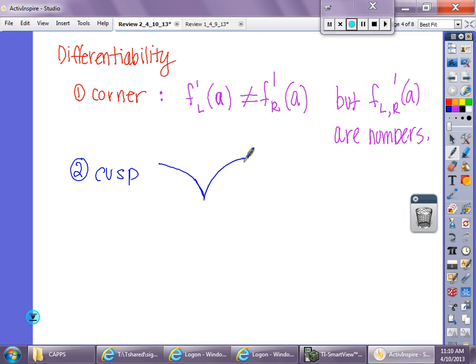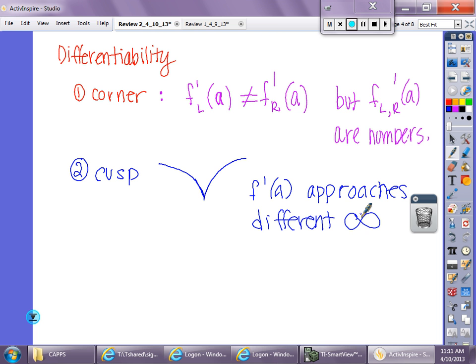When I come from this side, is the derivative positive or negative? It's positive, but if I keep getting steeper, it goes towards positive infinity. So a cusp, specifically speaking, is where your f prime of a approaches different infinities from each side.